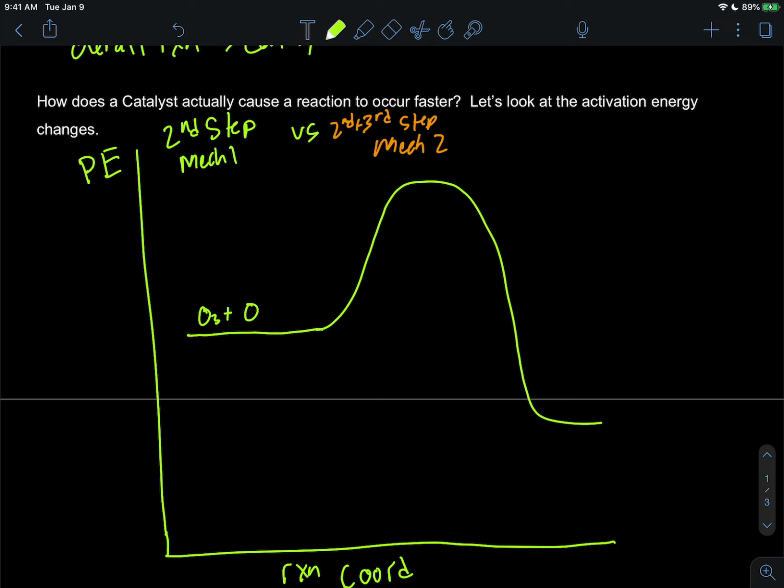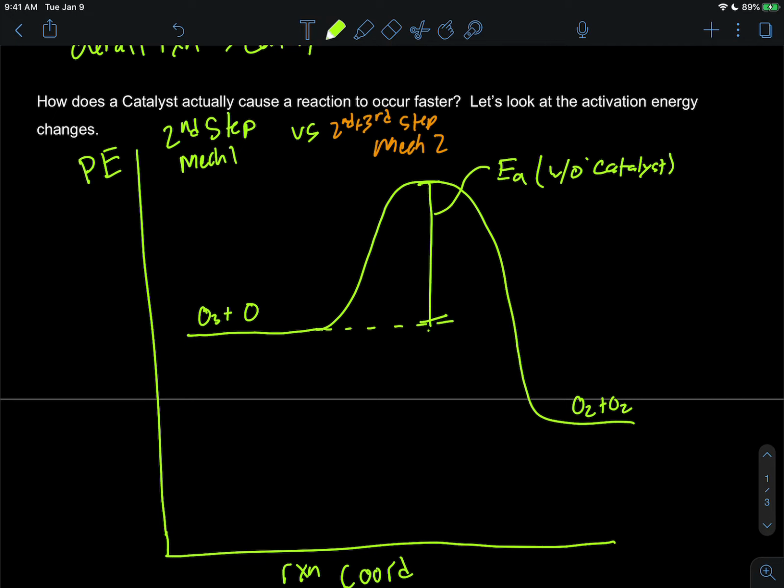Let's say this step is exothermic, and then we end up with 2 O2 molecules at the end of the day. So now we have this activation energy, and this is the activation energy without the addition of our catalyst.